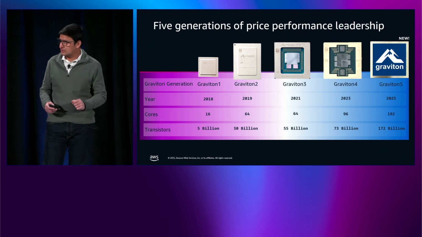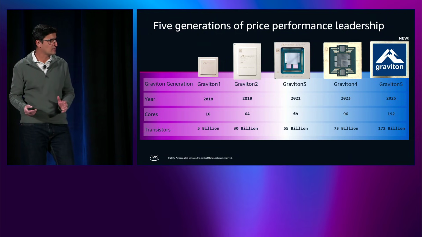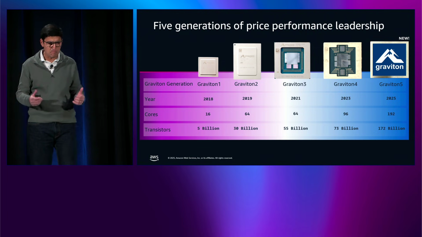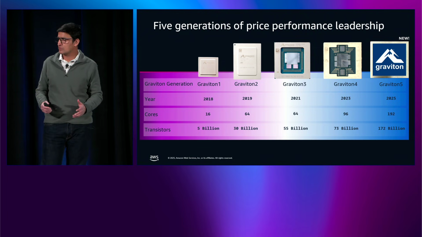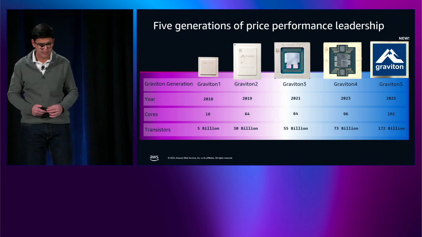In 2019, we launched Graviton 2, which was a major leap, going to 64 cores, big boosts in memory bandwidth, and it enabled mainstream workloads with up to 40% better price performance compared to other EC2 instances.